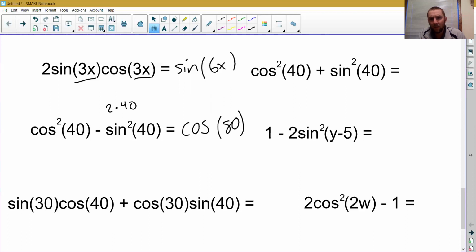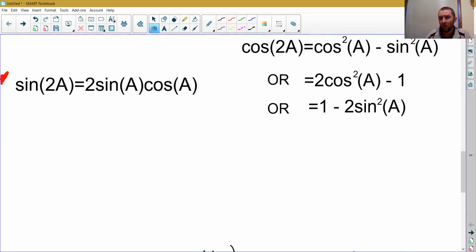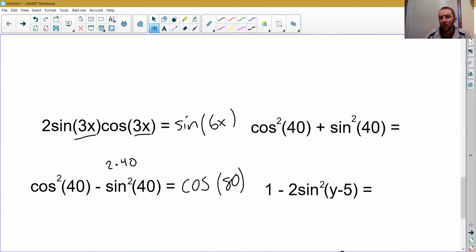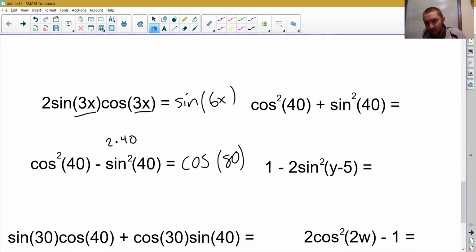But that's it simplified down to a more simple expression. And then, if we look at this one real quick, it says 1 minus 2 sine squared. 1 minus 2 sine squared sounds like one of my double angle formulas for cosine. Yep, 1 minus 2 sine squared of whatever that is, is really the cosine of twice as much as that. So in this particular case, this is equal to the cosine of twice as much as whatever's in these parentheses.